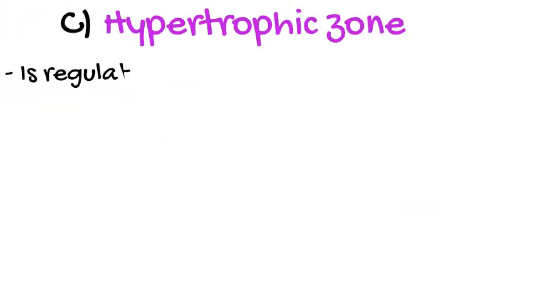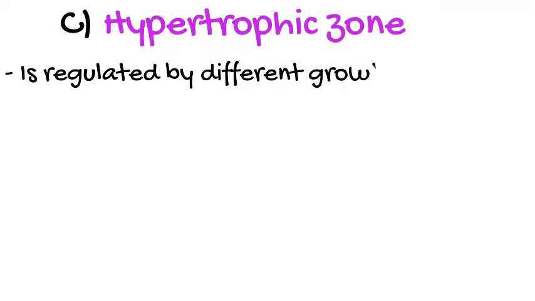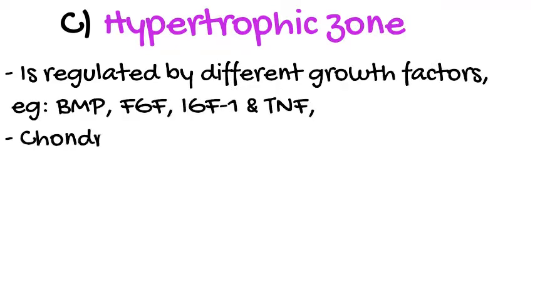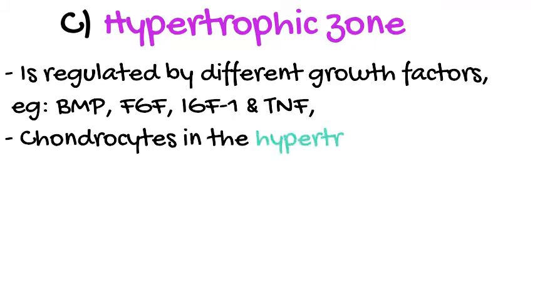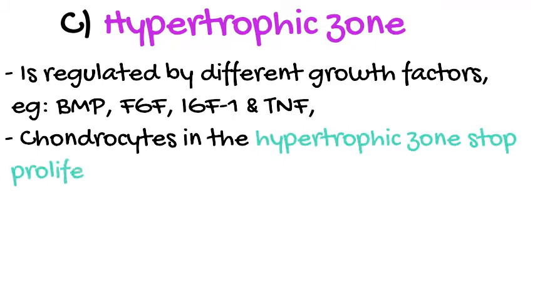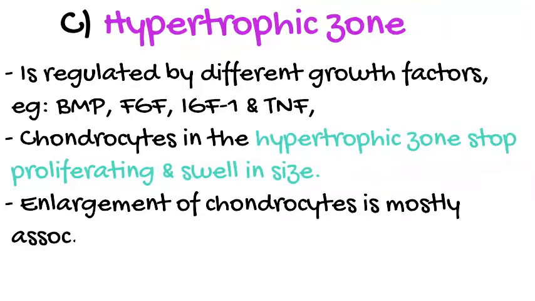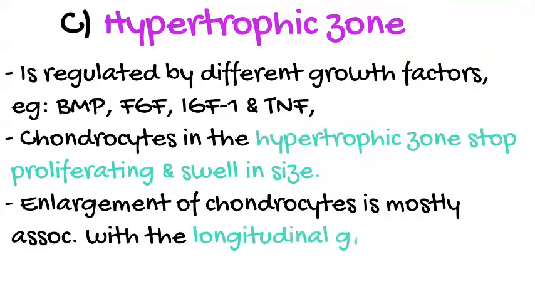In C, the hypertrophic zone. It is regulated by different growth factors, including for example BMP, bone morphogenetic protein, FGF, fibroblast growth factor, IGF-1, insulin-like growth factor 1, and TNF, tumor necrosis factor.